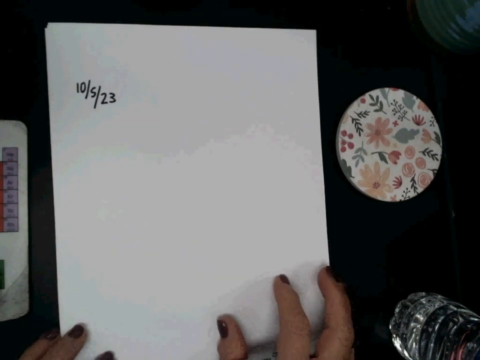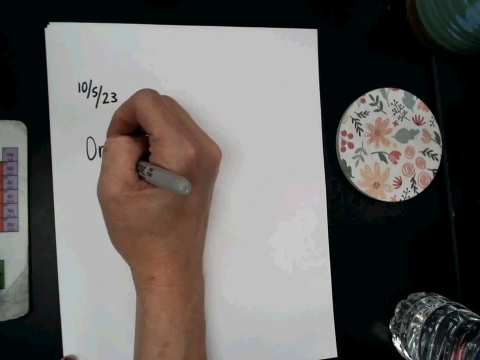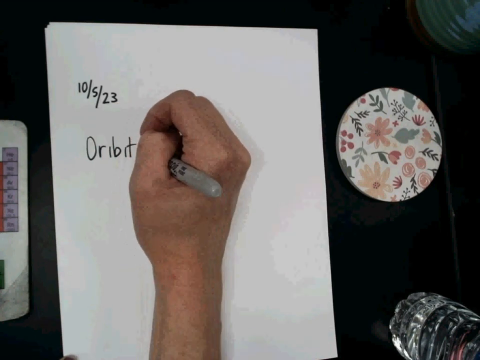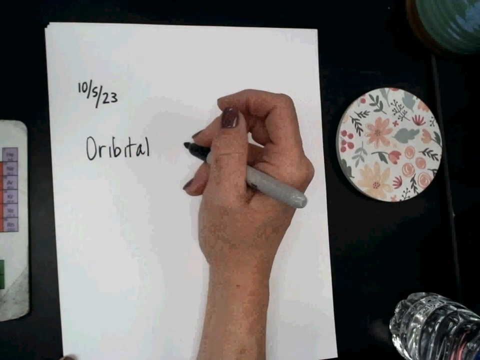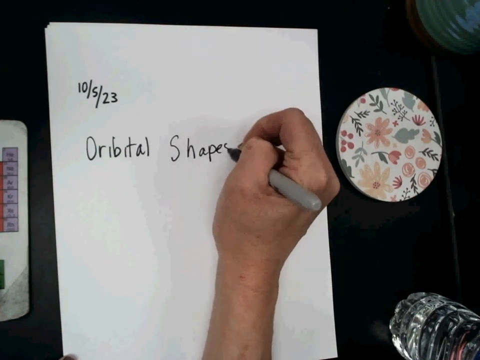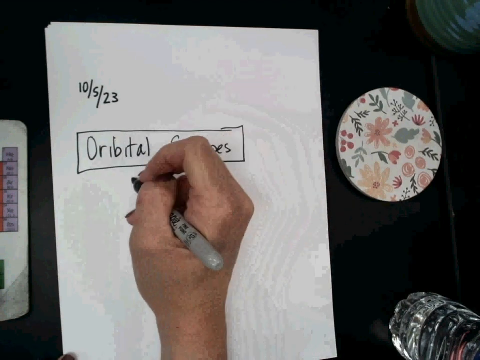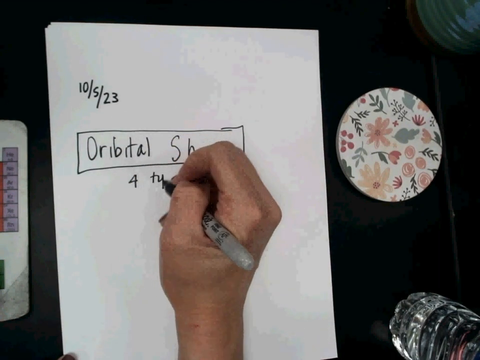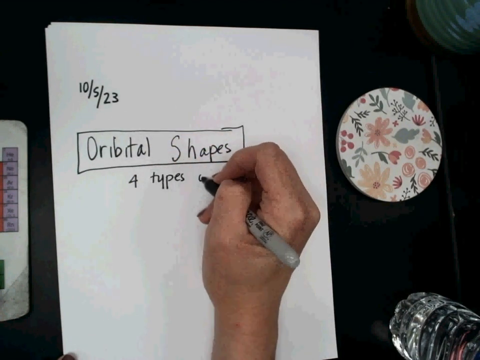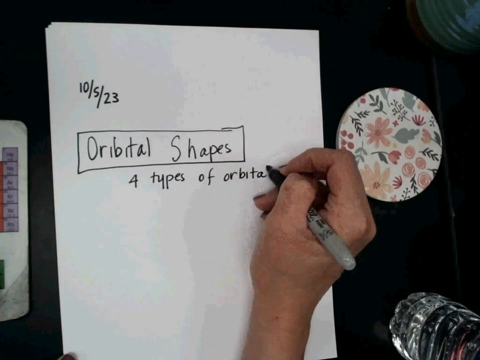Okay, so the last thing you have is that each orbital has a different shape. So let's talk about the orbital shapes, and then we're going to fill in that table that I gave you yesterday. Okay, so there are 4 types of orbitals.